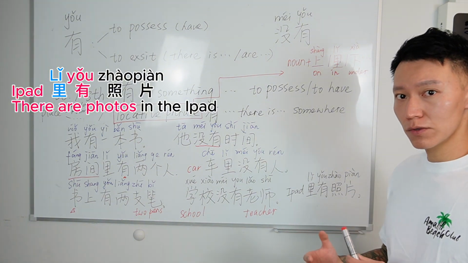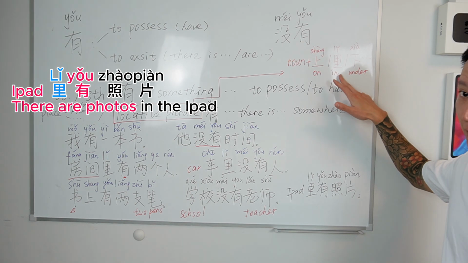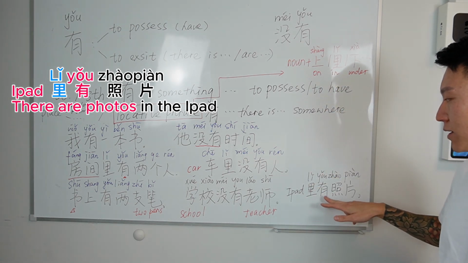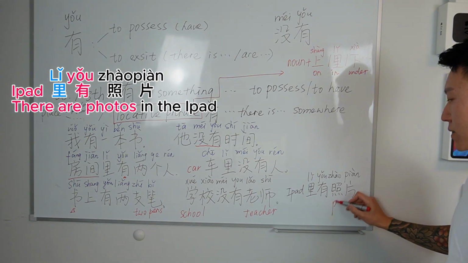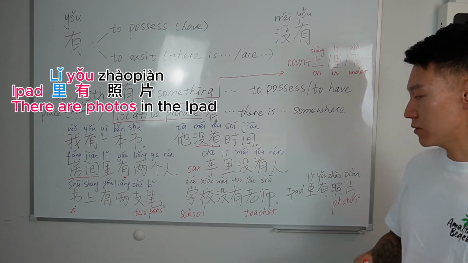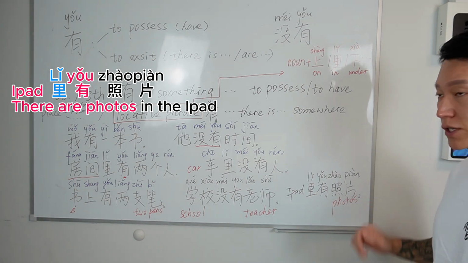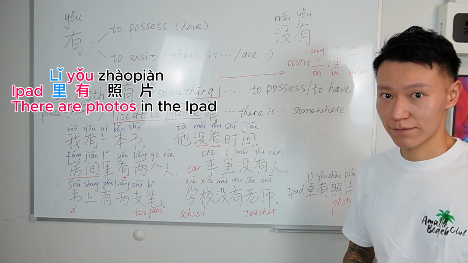So if we want to talk about in the iPad, we say iPad 里 inside it. And then 有 there is, or there are. 照片 means photos. Okay, photos. So iPad 里有照片. It means there are photos in the iPad.